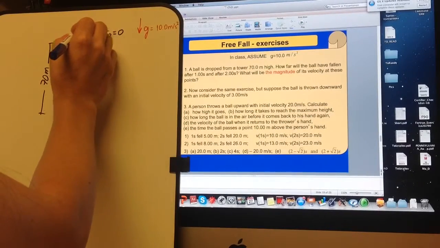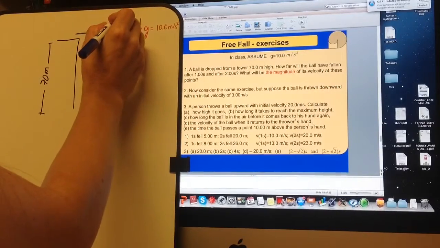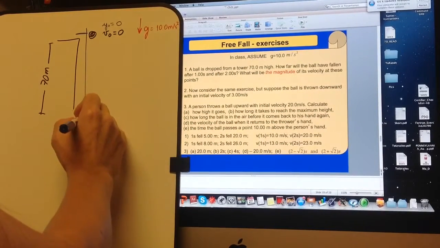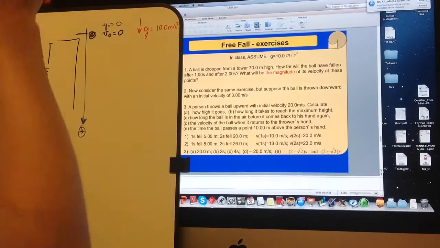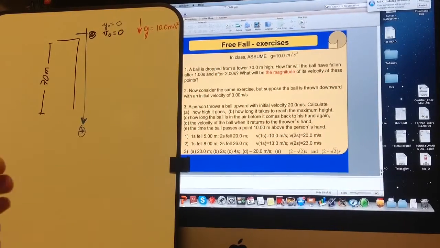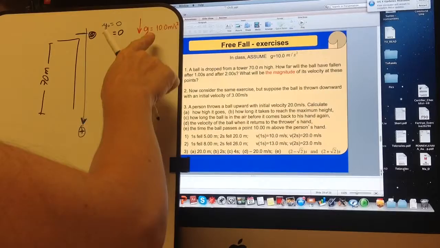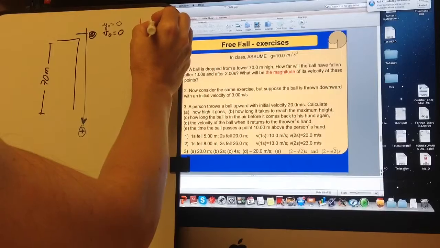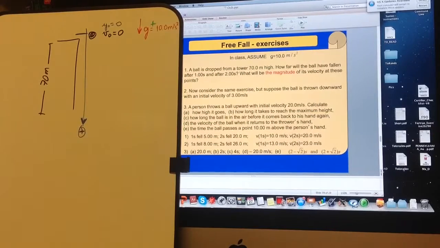Right where the motion starts, I'll associate the origin of my reference frame, and I'm going to say that down is positive. That's a choice. You could have said that up is positive, okay? I'm just making a choice. Only after I made this choice can I associate a sign with g. I see g and my frame having the same direction, so I can say g is plus. Alright, with all that, I now move to the equations.